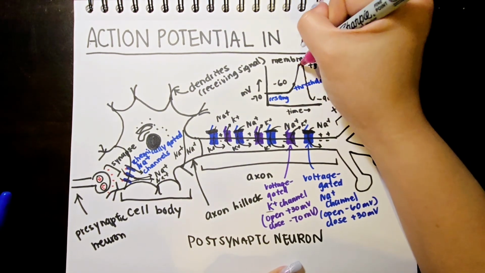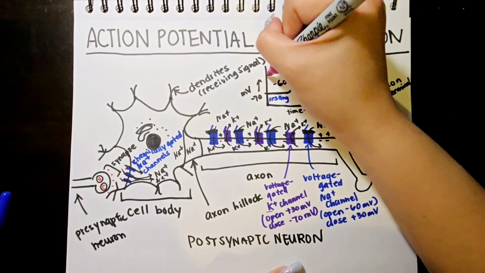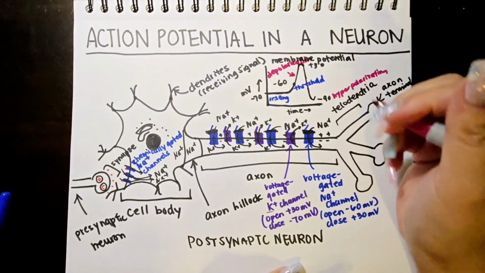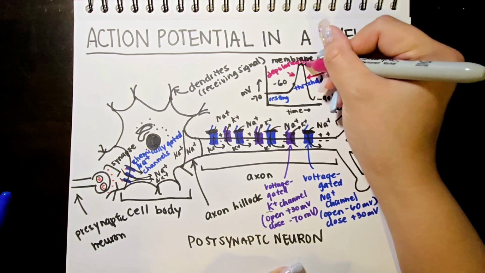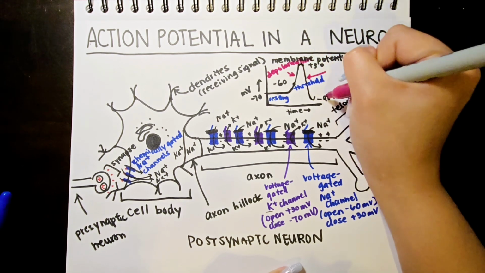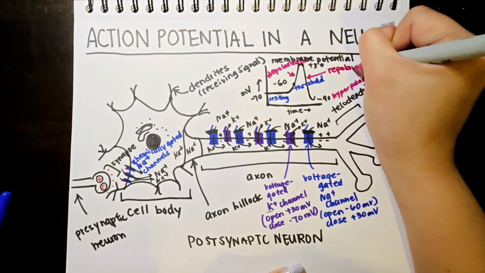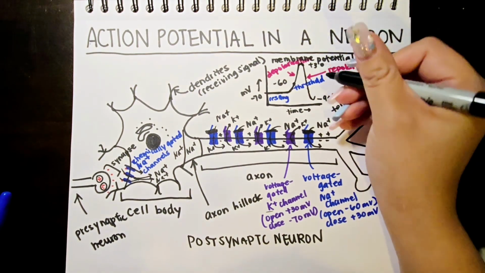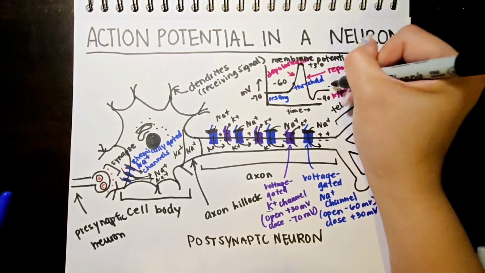And when the membrane potential climbs to +30, right here, this whole climbing process is what we call depolarization of the neuron. On the other side, when we are at the maximum, climbing downwards to negative membrane potential is what we call repolarization. Okay, repolarization.